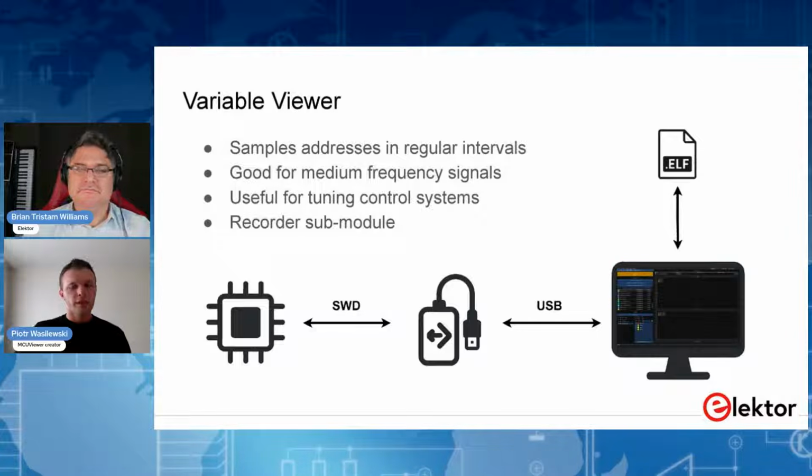But for these cases, you have a recorder submodule that was implemented in the newest revision of MCU Viewer, which allows you to visualize even very high frequency signals with limited SWD speed. We'll see the recorder module in action in the hands-on demo later on.